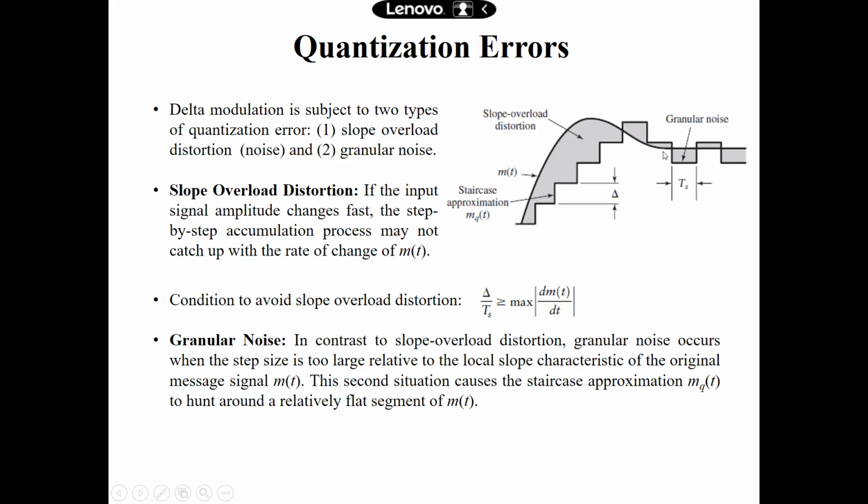Now my message signal is constantly varying, or you can say having a small variation, but my step size is higher. So this second situation causes the staircase approximation mq(t) to hunt around a relatively flat segment of m(t). So this is your granular noise, if it's too high.